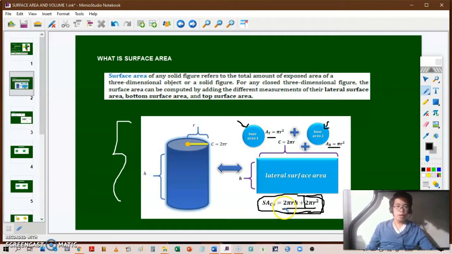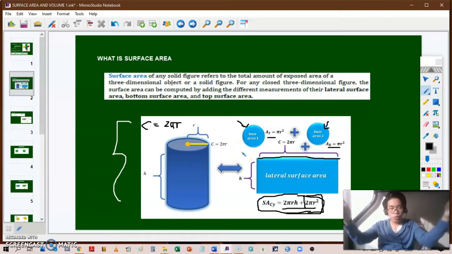If you remember, the formula for the circumference of a circle is actually 2 pi r. Imagine that this is the side of the circle when you roll out this lateral surface area.